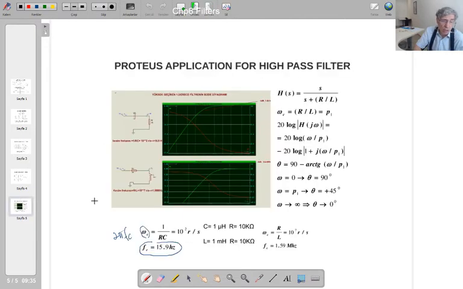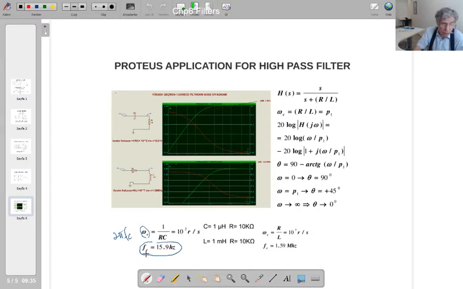There is another slide here that is the output of a Proteus example. The same circuit we've got here, a capacitor and a resistor, and the cutoff frequency is 10,000, but this is angular frequency.